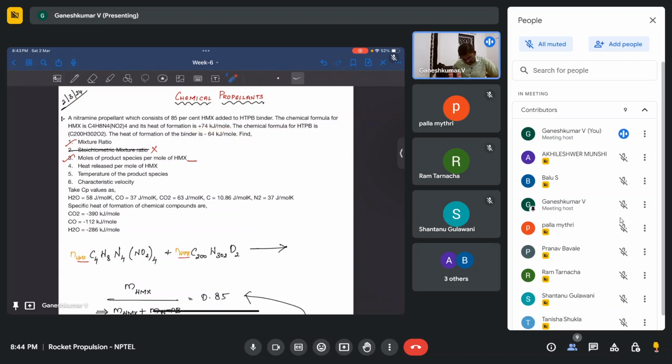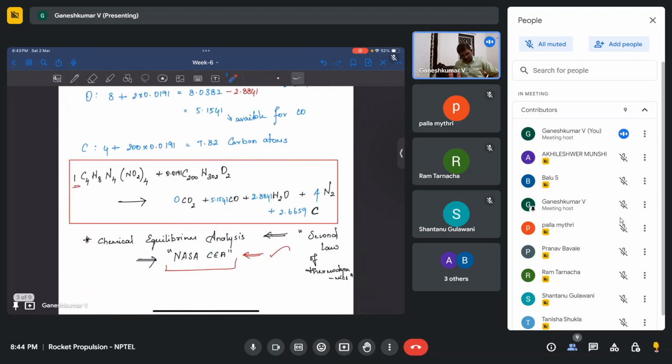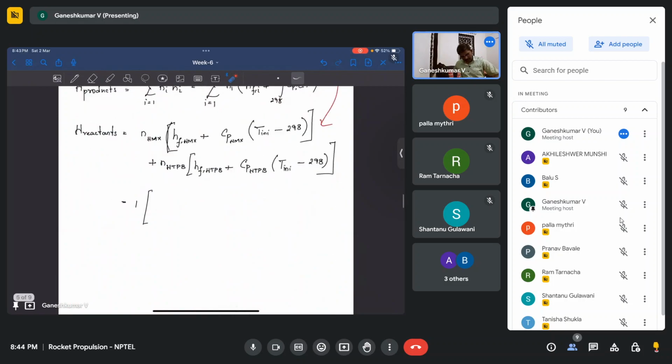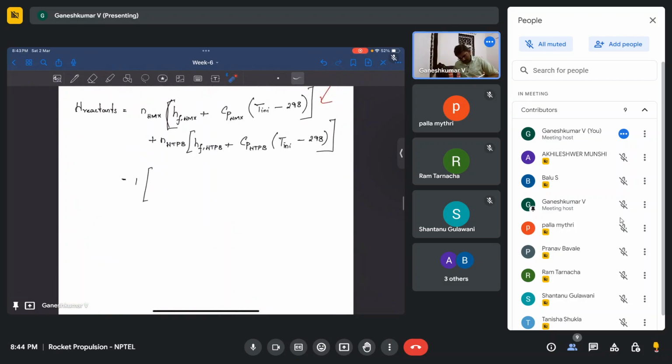And the heat of formation of the binder is minus 64. So plus 74 minus 64. This is going to be plus 74 plus Cp of HMX. Ideally, we need not know it, the reason being the initial temperature is also 298 Kelvin.